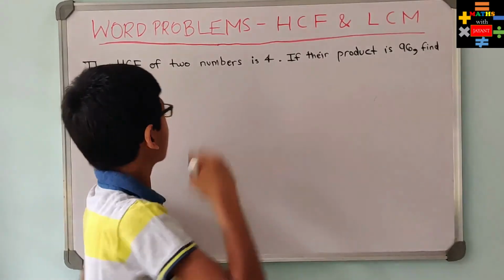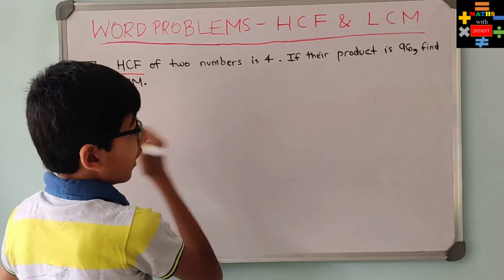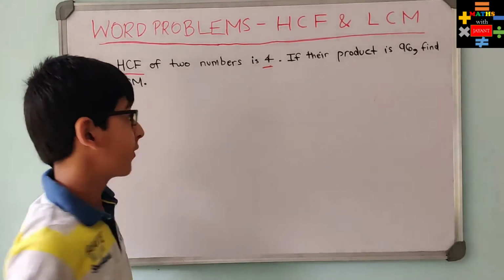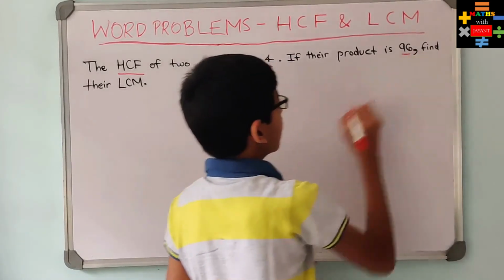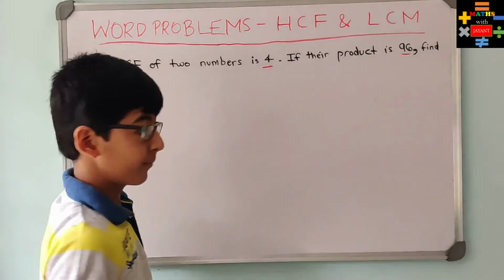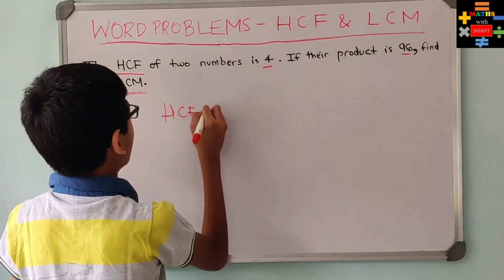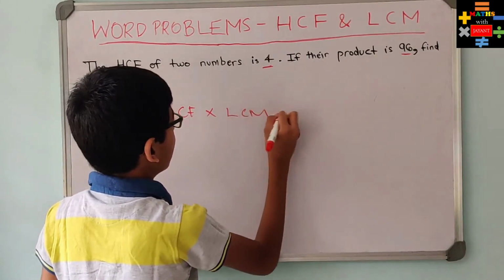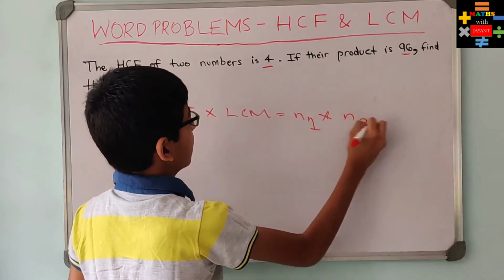The HCF of two numbers is 4. Now if the product of those two numbers is 96, find their LCM. So let us apply the formula. We know that the formula is HCF into LCM is the first number into the second number.